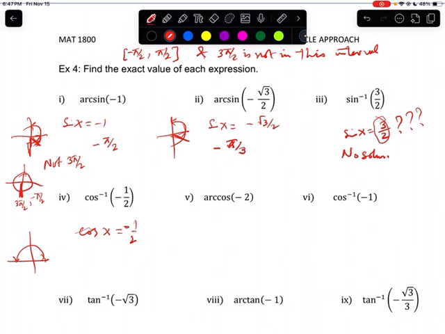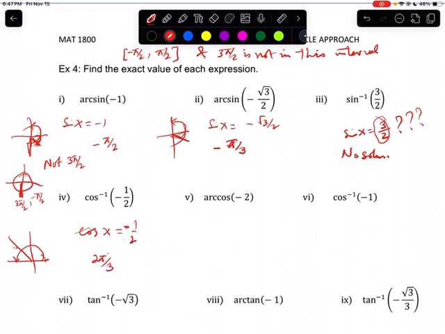Okay, so cosine inverse of negative 1/2. So cosine of x will be negative 1/2. So where is the angle? Because cosine is negative, we are in the second quadrant, so it must be an angle somewhere here. What is that angle? 2 pi over 3.